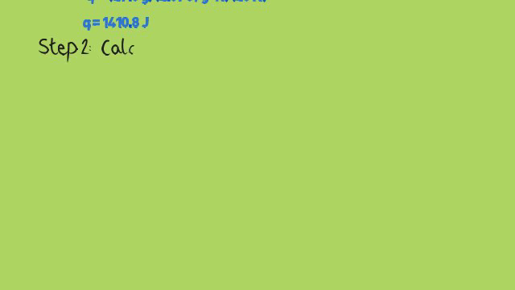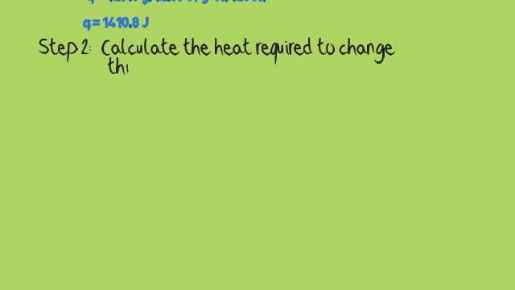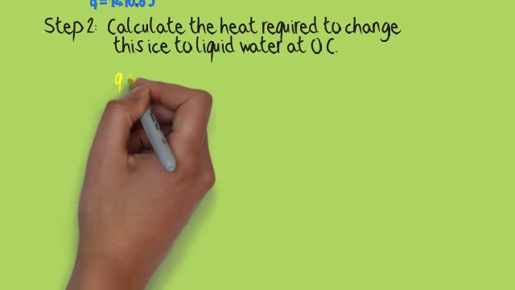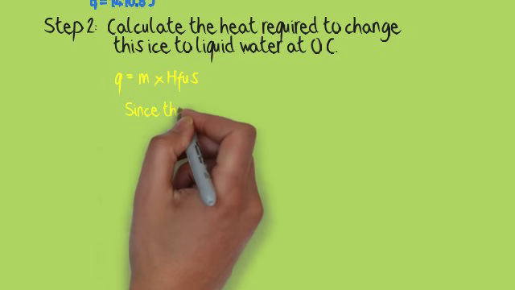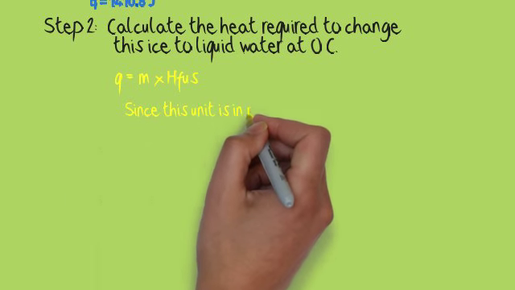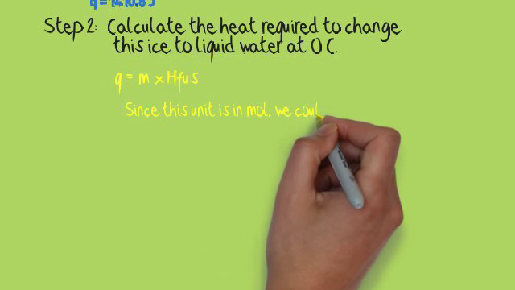Second step, we have to figure out how much energy was required to take it all from ice to liquid water. There's no temperature change, so that doesn't have to be part of the equation. So Q equals n times delta H of fusion for this. Since this unit is in moles, we don't have to use grams.